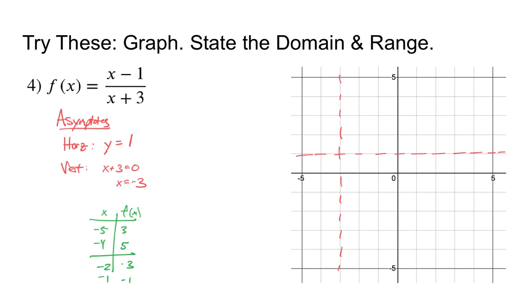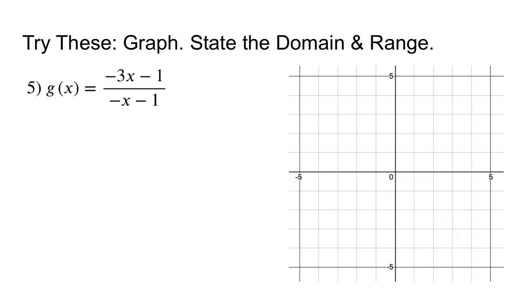Negative 5, 3, negative 4, 5, negative 2, negative 3, I'm sorry, negative 3 I meant, and negative 1, negative 1. And I'll graph it in there. Looks a little something like this. Domain, x can't equal negative 3. Range, y can't equal 1.